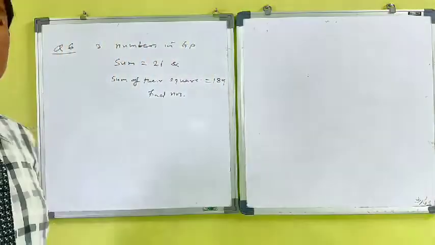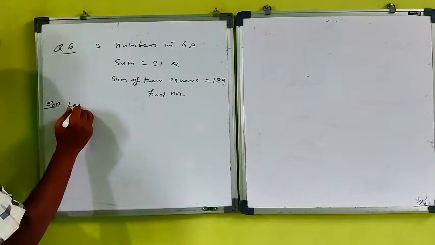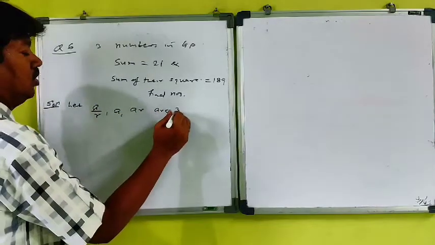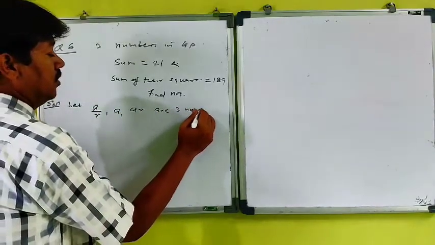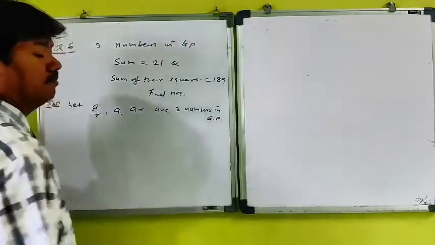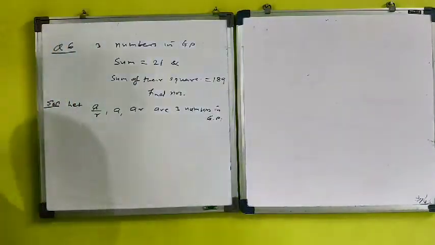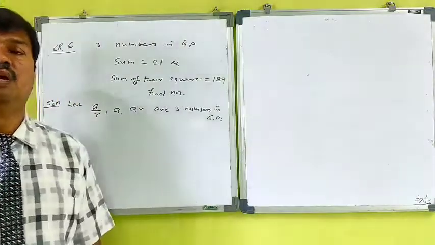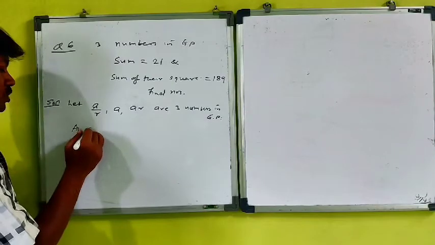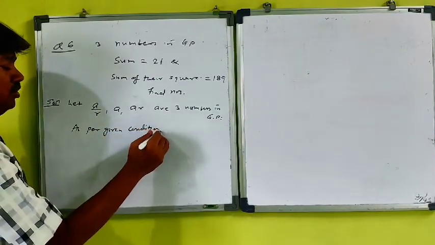So whenever there is a GP, we have to assume. Solution: here let A by R, A and AR be the three numbers in geometric progression. As per the given condition, what is the condition given here?